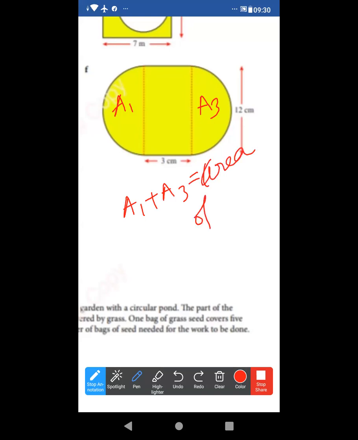What will be the radius of this circle? Look, this one is 12, so half of it, the radius of this circle will be 6. Yes or no? Are all of you able to understand, or only a few?